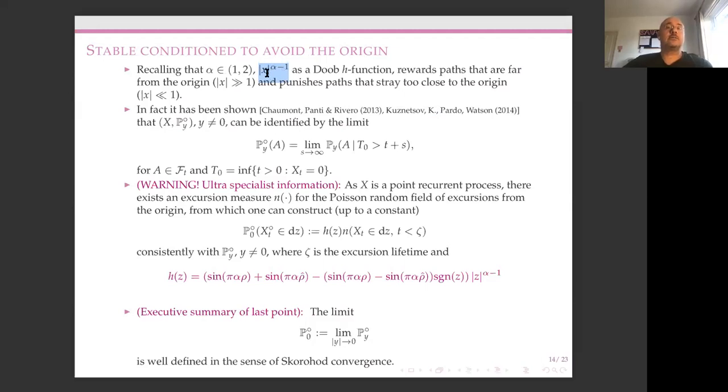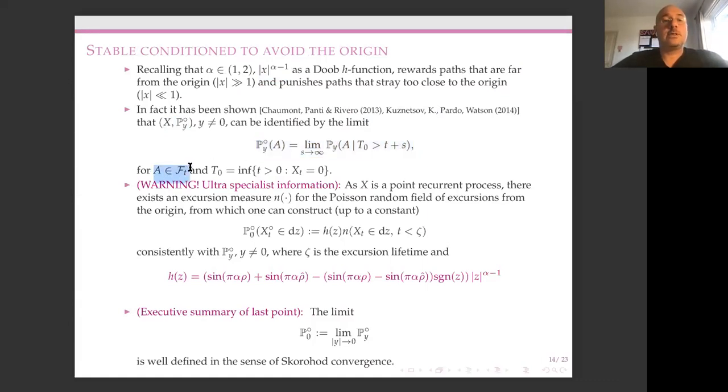Sorry, when x tends to infinity, and when x tends to 0, we punish paths in the Doob h-transform. So not surprisingly, this P circle process corresponds to conditioning the process to avoid the origin in this sense here. T0 is the first hitting time of the origin, and this is a notion of conditioning the process to stay away from the origin in the long time.